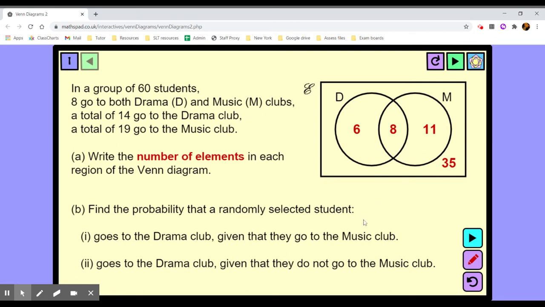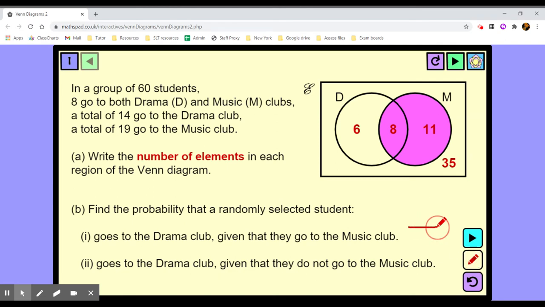But the questions can be harder if they use the word given. So for the two questions that we've now got at the bottom, find the probability that a randomly selected student goes to the drama club given that they go to the music club. So the question says they have to be in the music club in the first place. So we're looking at that part of the diagram. And out of that part of the diagram, I then need to say, what's the probability that they go to the drama club?